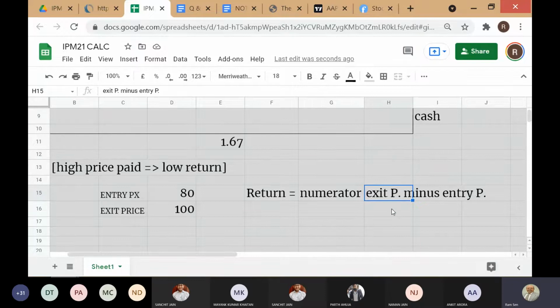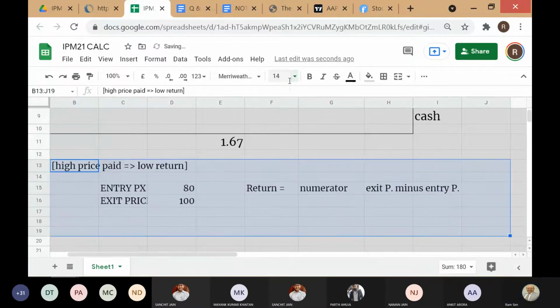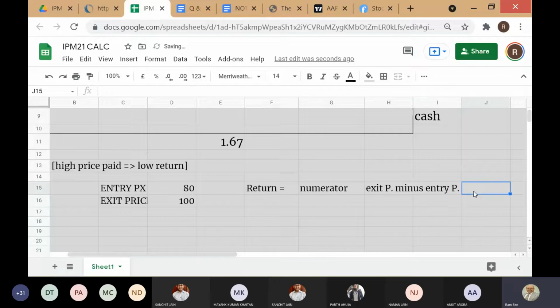Where do we write this actually? I'll make this a little bit smaller, 18 will make it 14. So now we can write exit minus entry price. All right, 20. That's how we get our 20.